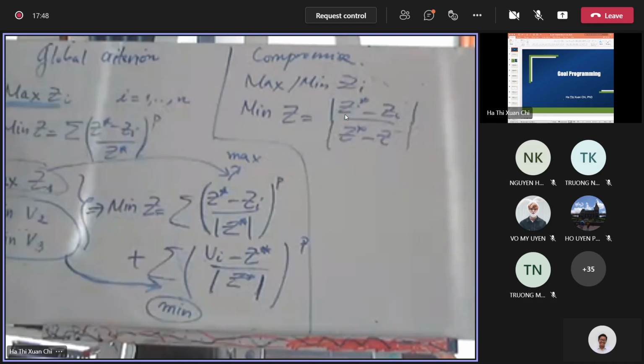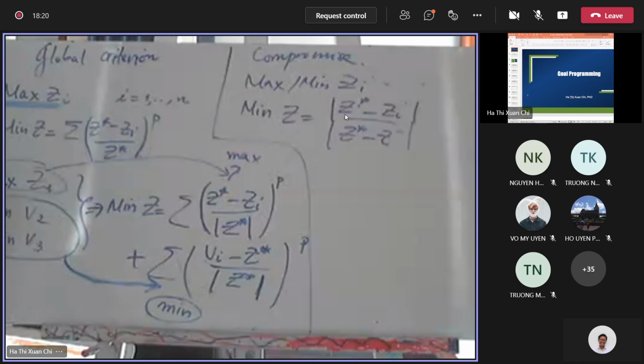So let me check with the formula. Different here. And we also have W here.